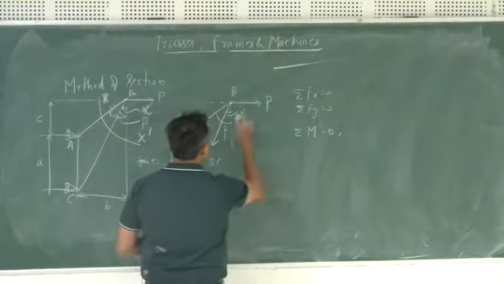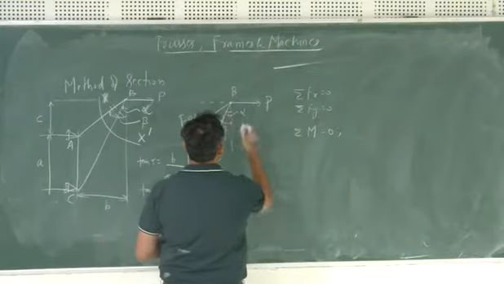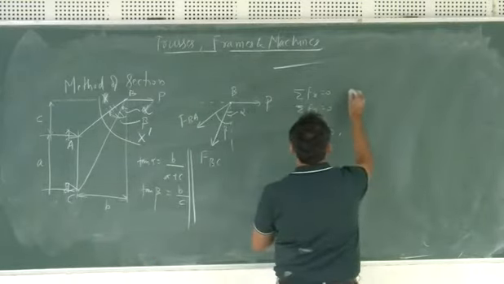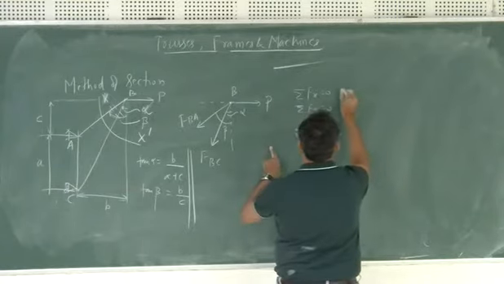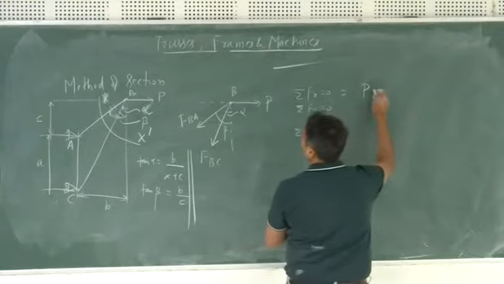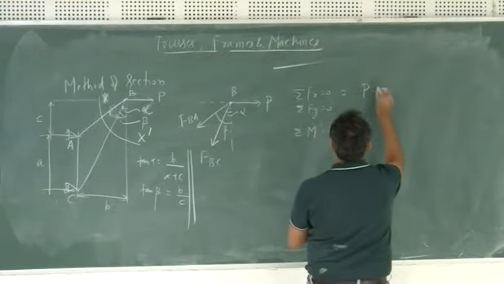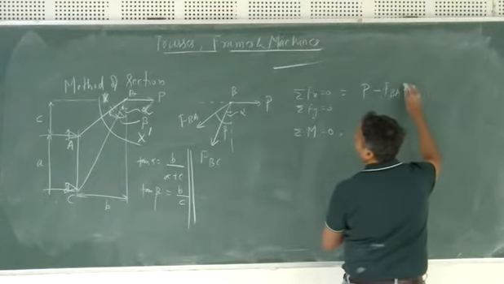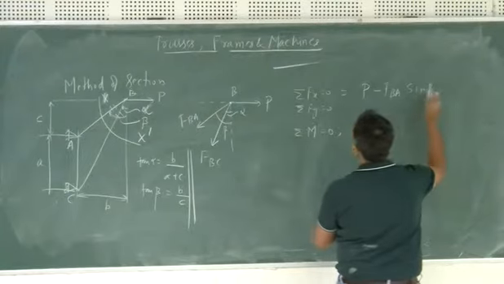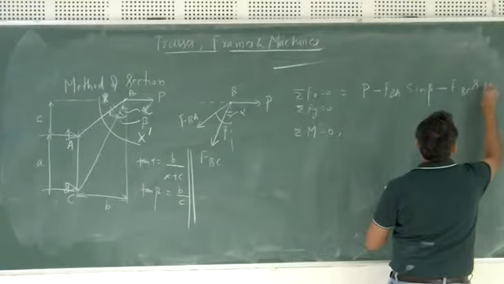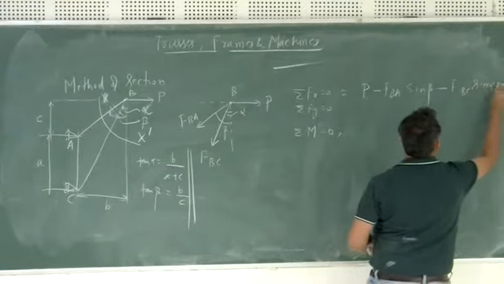This way you can write down the x component. First of all, this will be P minus FBA sine beta minus FBC equals 0.